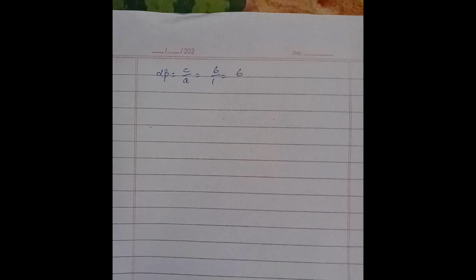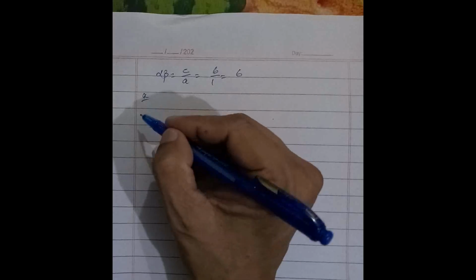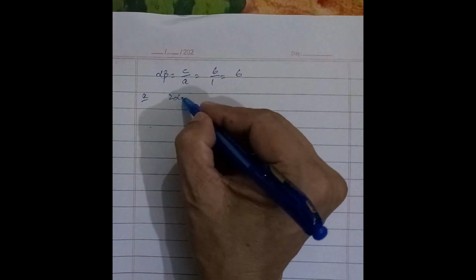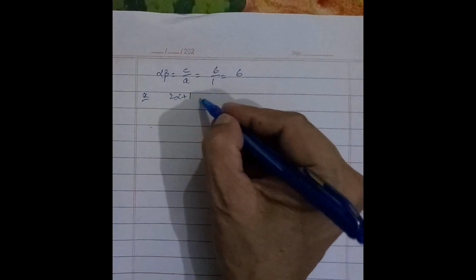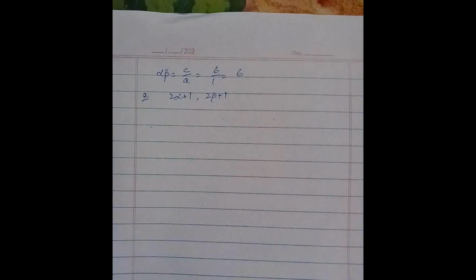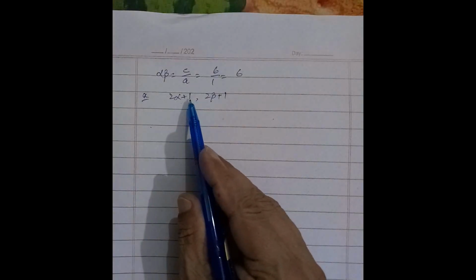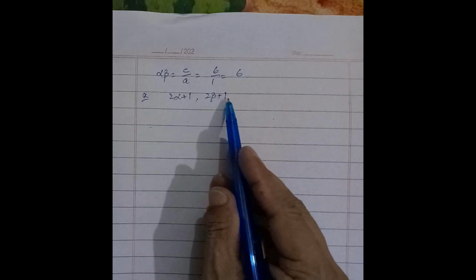And now we find the equation whose roots are, the A part is, 2 alpha plus 1 and 2 beta plus 1. First we find the sum of 2 alpha plus 1 and 2 beta plus 1.